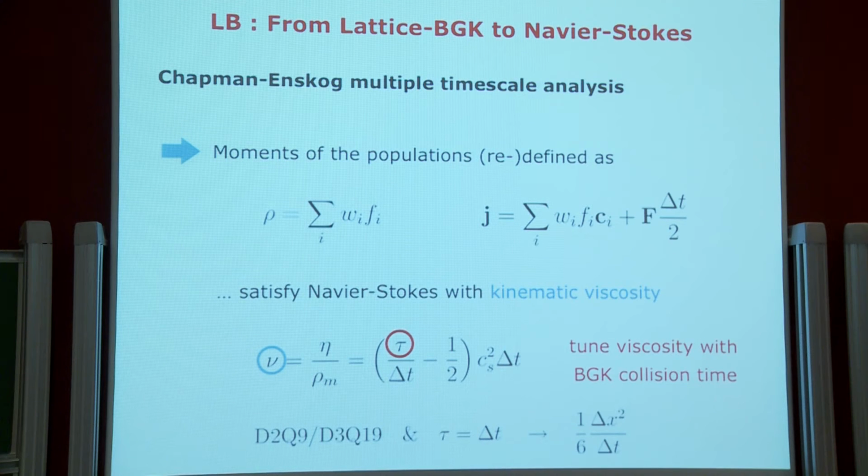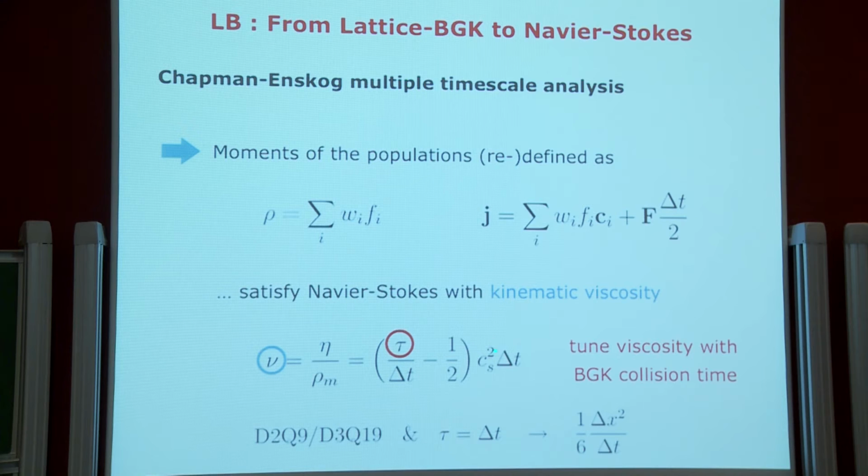And if you redefine the moments or the hydrodynamic variables like that, and there is also a correction for the stress tensor, you recover the evolution corresponding to the Navier-Stokes equation with a kinematic viscosity, nu, that is, again, the ratio between the dynamic viscosity and the mass density.